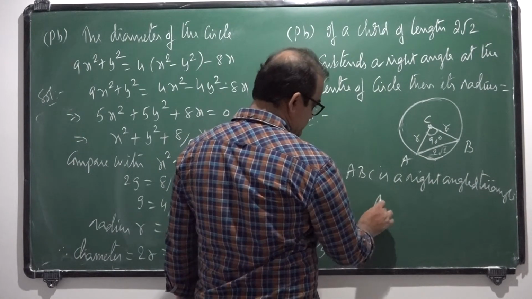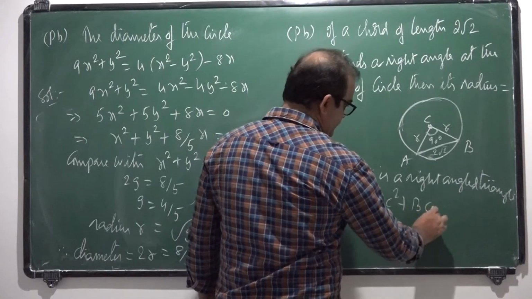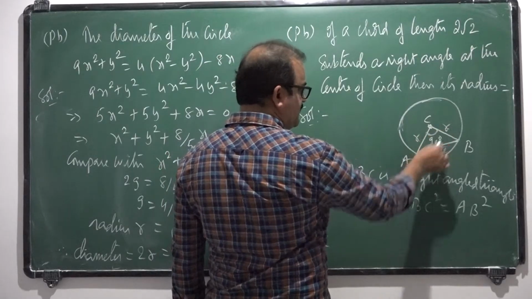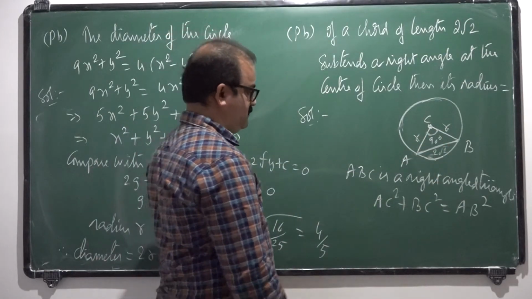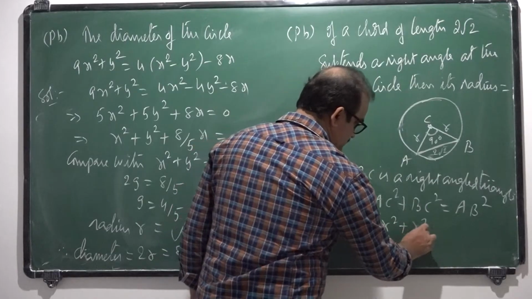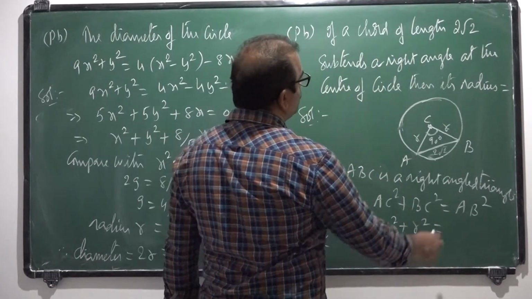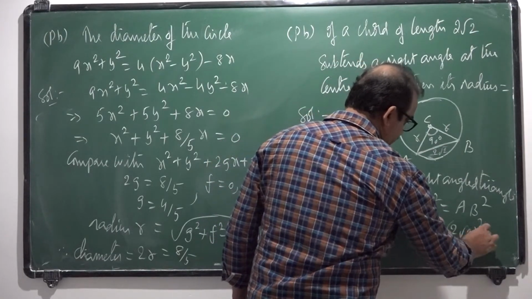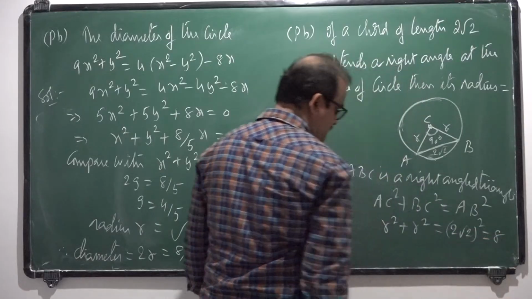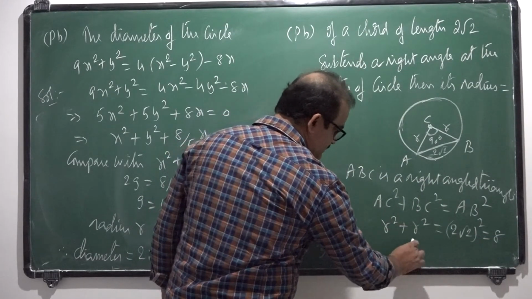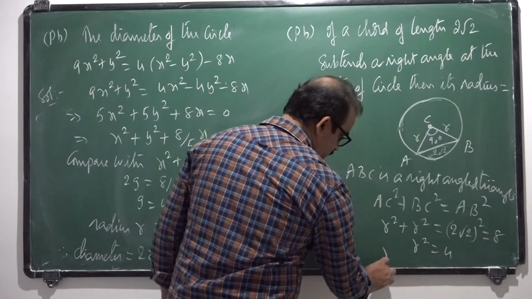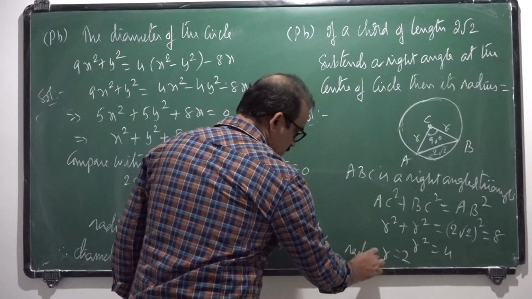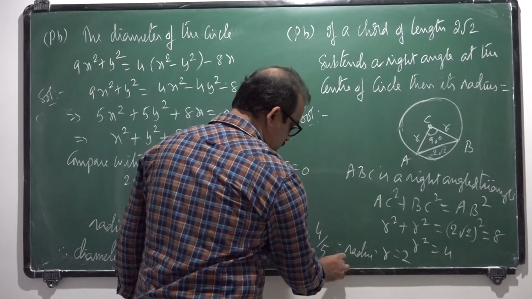So AC square plus BC square is equal to AB square. Here AC and BC are radii. R square plus R square is equal to AB square. What is AB? 2√2. 2√2 whole square, that is 4 into 2, which is 8. 2r square is equal to 8. R square is equal to 4. Therefore radius R is equal to 2.